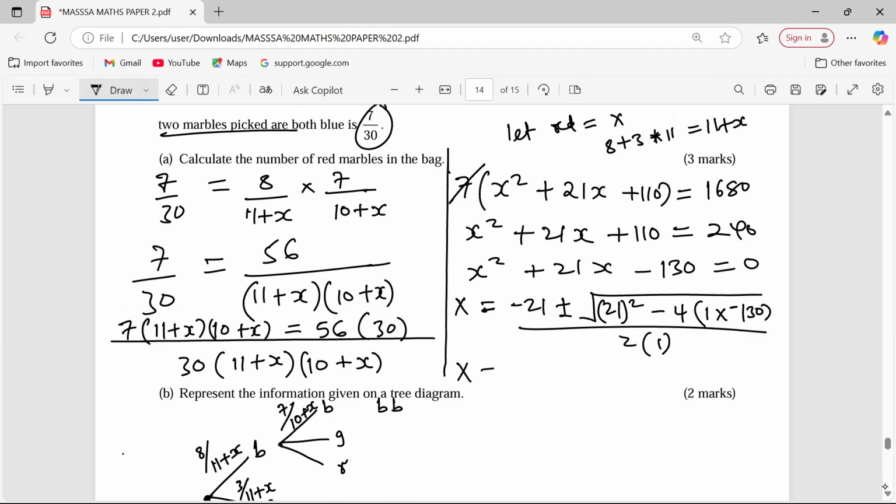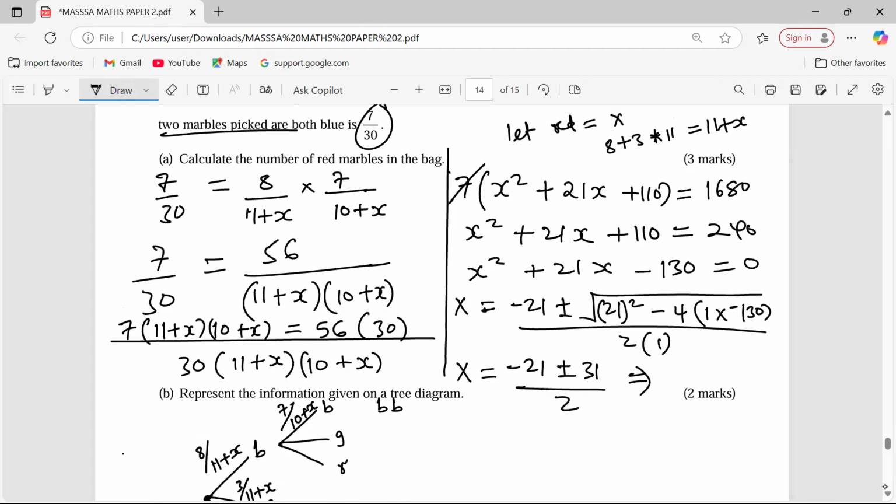So X will be given by 21 squared minus 4 into negative 130. This gives us 961. So I'm supposed to take the square root now. I get 31. So negative 21 plus or minus 31 out of 2.